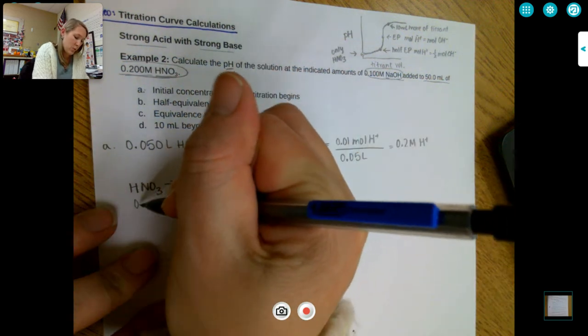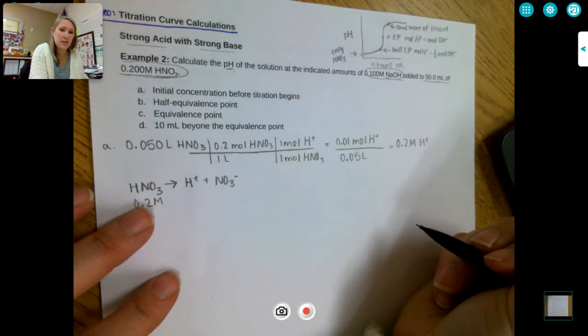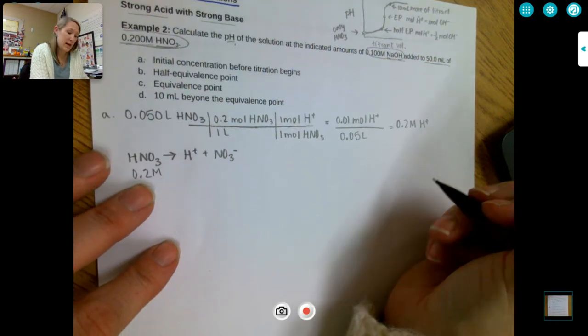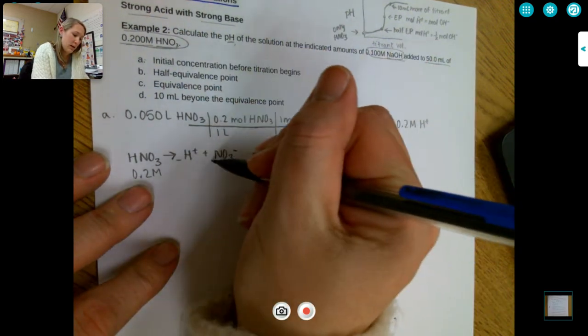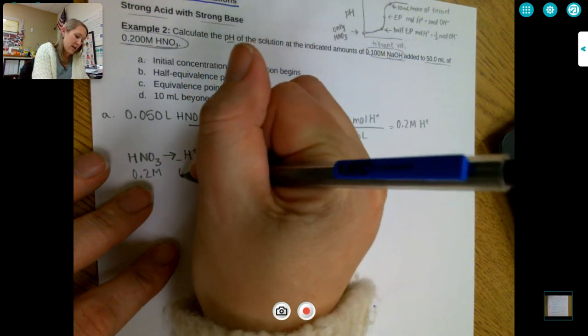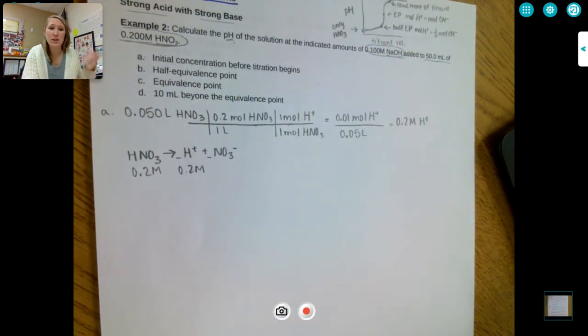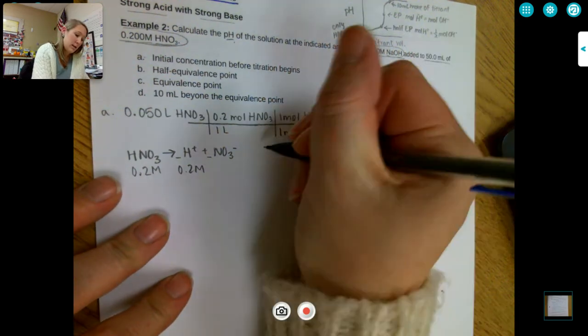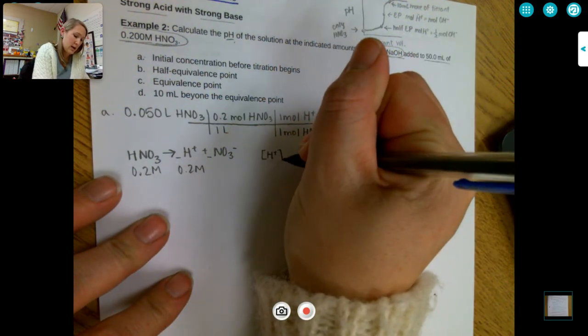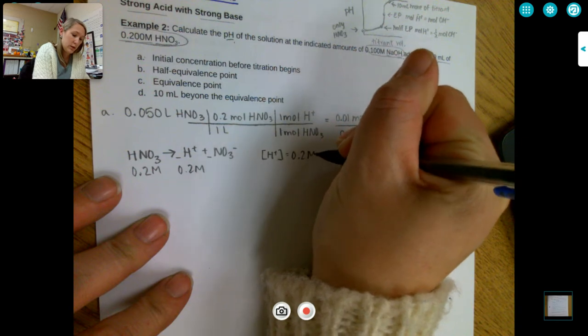And if I have 0.2 molar nitric acid, that means because this is a 1-to-1 ratio, I'm also going to have 0.2 molar H+. So you could rationalize it that way too. Regardless, my concentration of hydrogen ions is 0.2 molar.